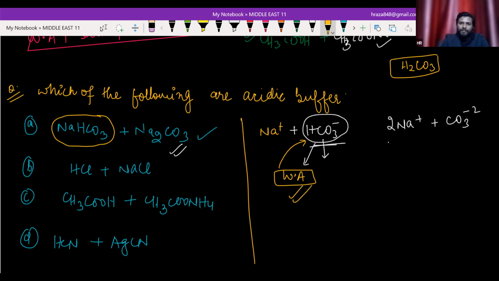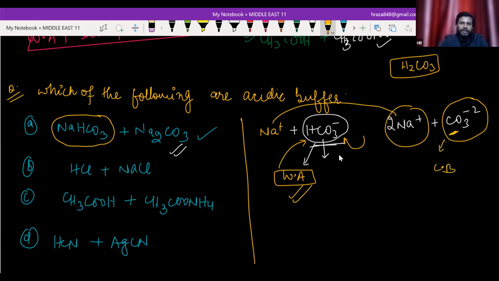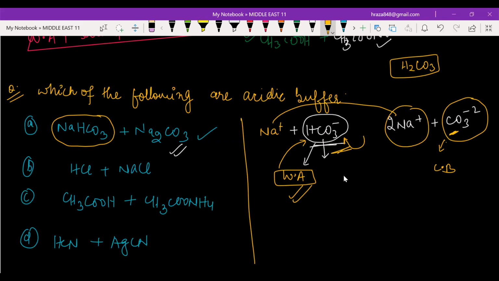Now this sodium will be present in the solution, but that won't matter for us. Now look at this CO3 minus 2. This is the conjugate base of this weak acid. What is a conjugate base? The acid from which we remove H plus, that is the conjugate base.